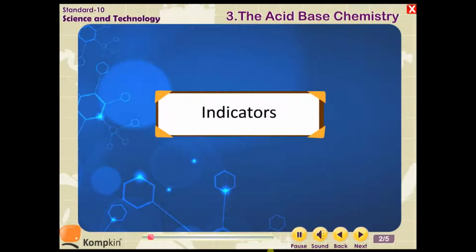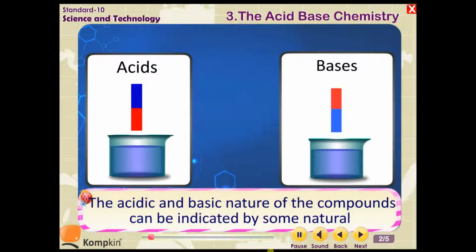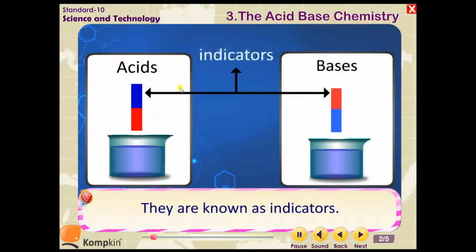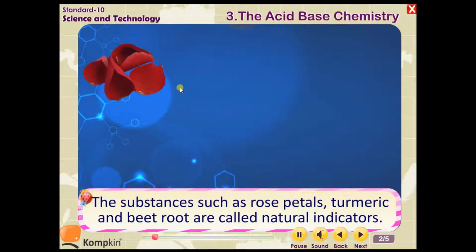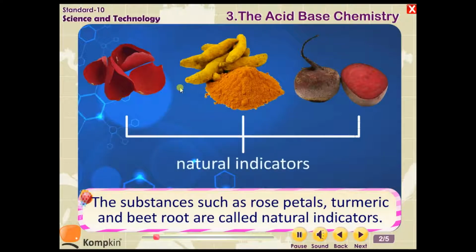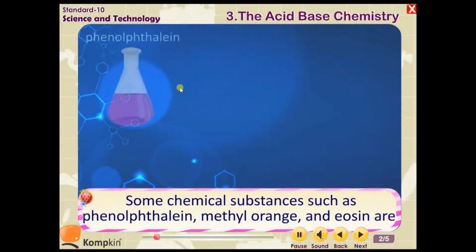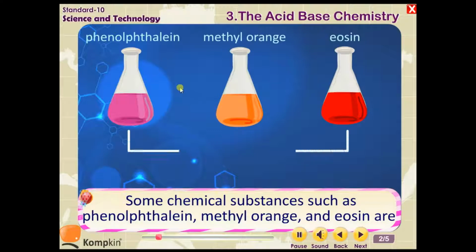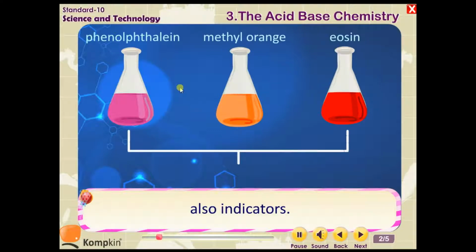Indicators. The acidic and basic nature of compounds can be indicated by some natural as well as synthetic substances. They are known as indicators. Substances such as rose petals, turmeric and beetroot are called natural indicators. Some chemical substances such as phenolphthalein, methyl orange and eosine are also indicators.